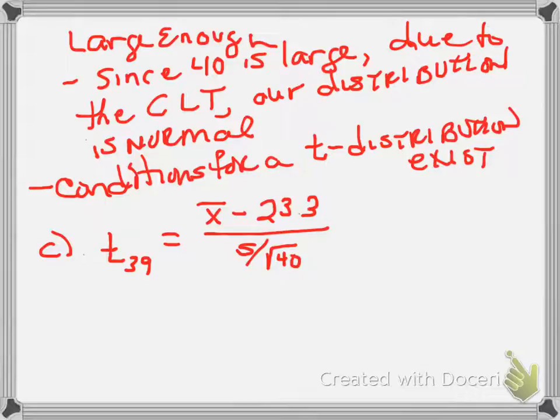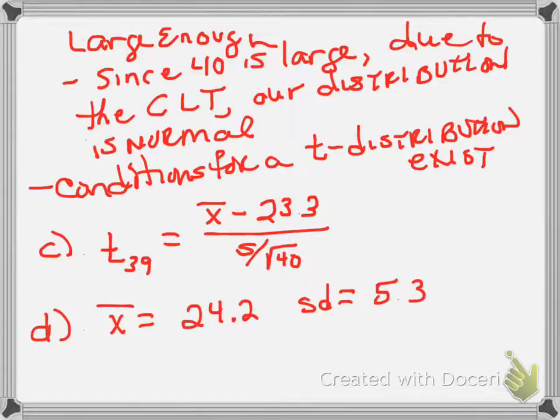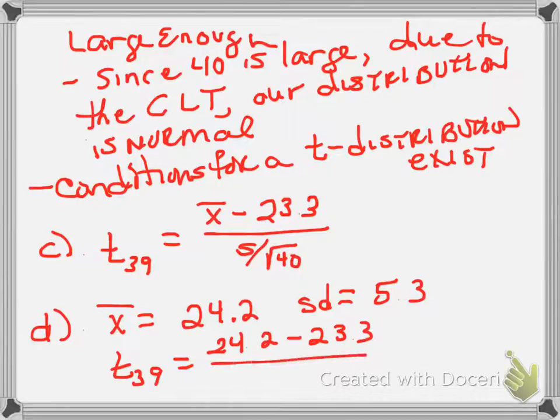Now in D, they tell us they took a sample of 40 people, and the average was 24.2 with a standard deviation of 5.3. So t sub 39 is equal to 24.2 minus 23.3 divided by 5.3 divided by the square root of 40.